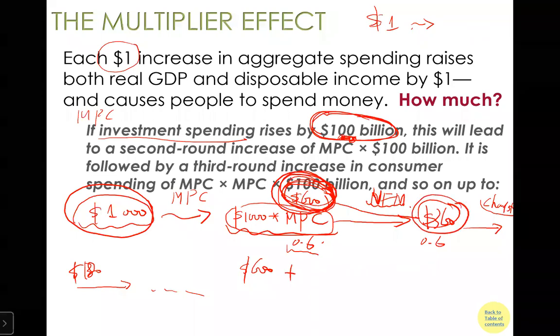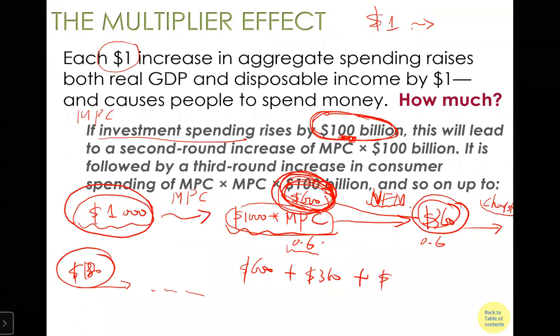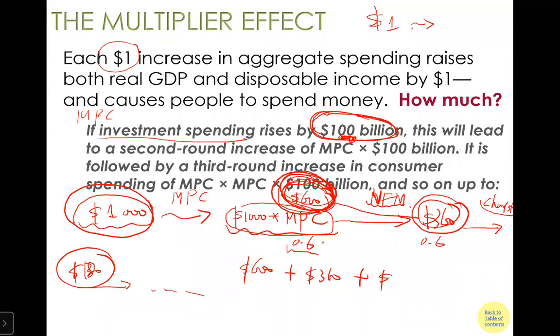Nebraska Furniture Mart's employee is going to spend $360 in Charleston, and then plus $180 here. Sorry, this is Charleston's employees. They're going to spend a fraction of their income received from Nebraska Furniture Mart's employee to buy something else.